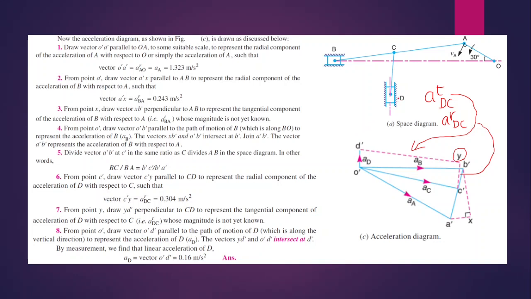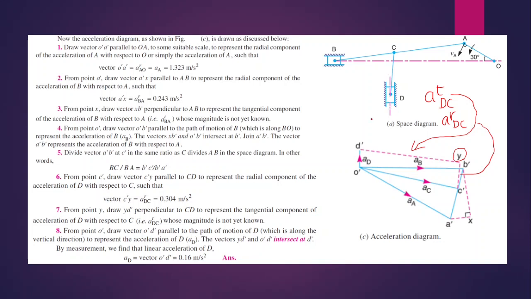Then we can draw the absolute acceleration of d with respect to o. Acceleration of d with respect to o is the absolute acceleration and, having a constrained motion, that point d slider will move only in vertical direction.